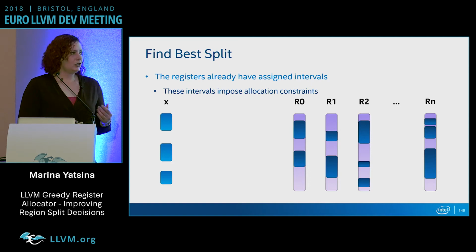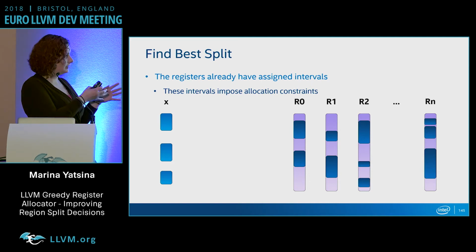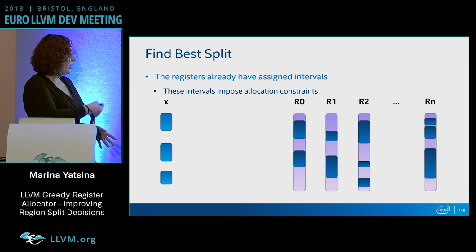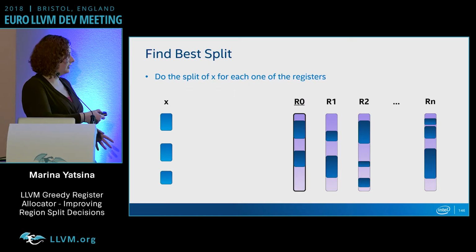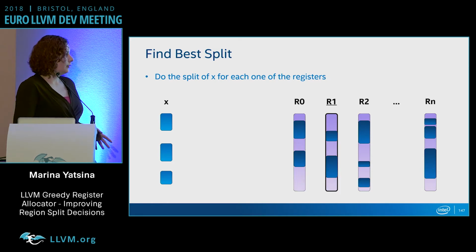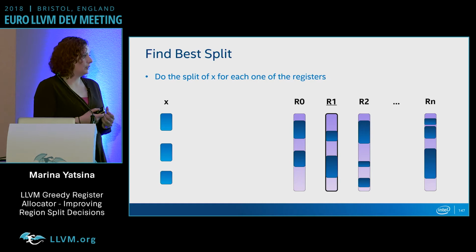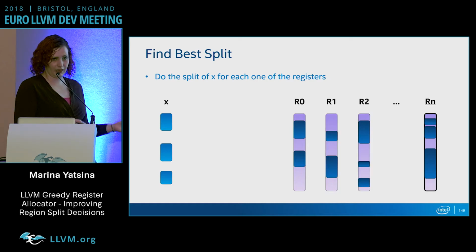The way the Greedy Register Allocator works, it tries, in theory, to split x for each one of the registers. I'm going to try to split x to fit the empty spaces of R0 in the best way it can and cause as little spill code as possible. Then I'm going to try to split x the best way for R1, the empty spaces, to introduce the least spill code possible, and it does that for every one of the registers.